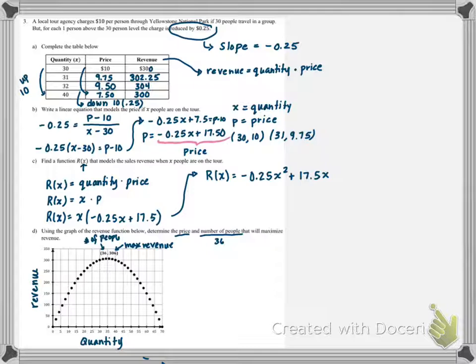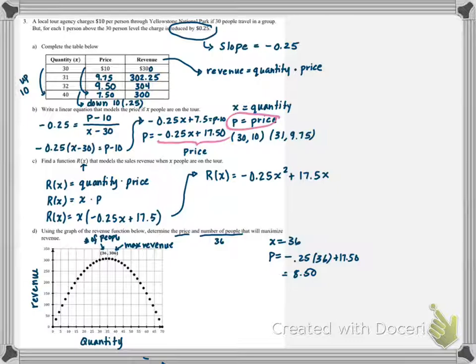So that's when I go back up and ask, do I see the word price anywhere? Here's price. That's P. And I have an equation that says P equals based on X. So if I know X is 36, part B tells me how to find P. I just plug it in. X equals 36, P equals negative 0.25 times 36 plus 17.50, which is 8.50.